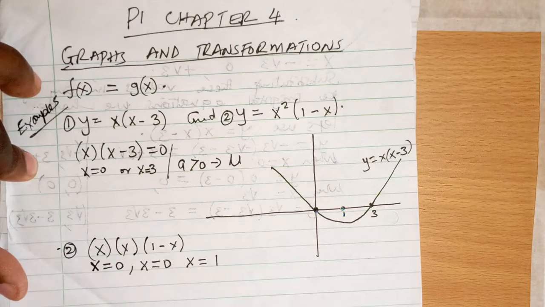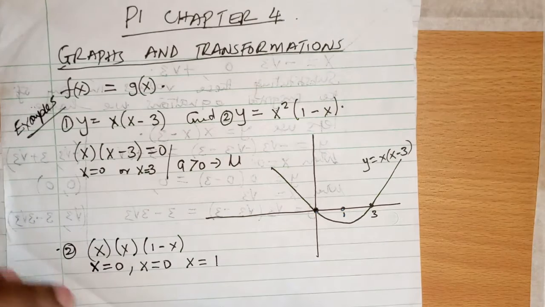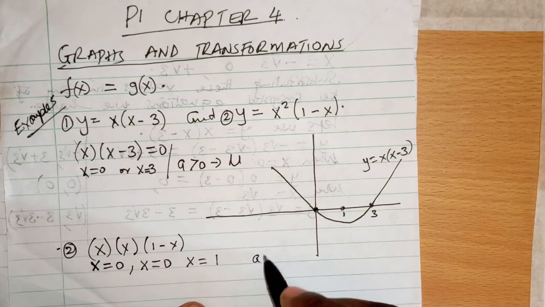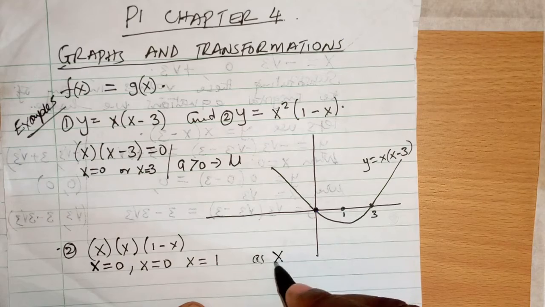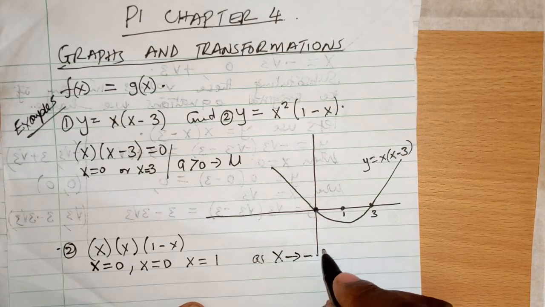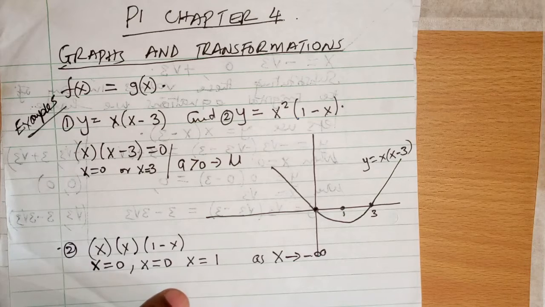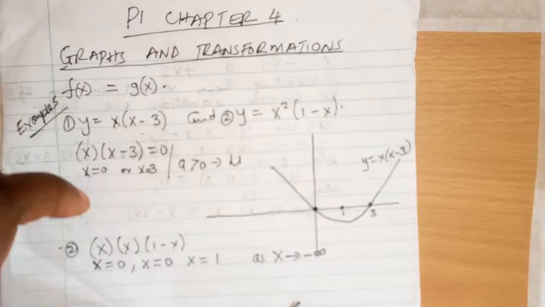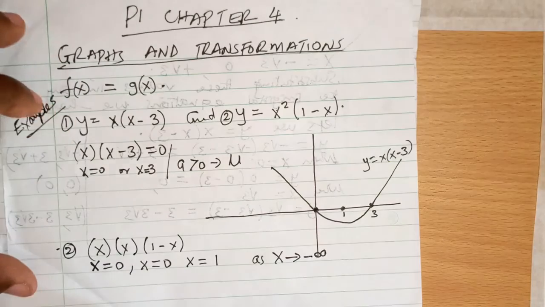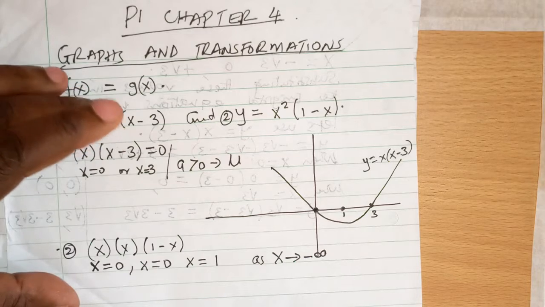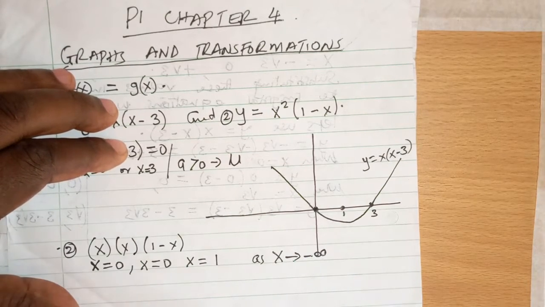But for the nature of this one, let's work it out over here: as x approaches negative infinity, how does y behave? This is the only way we can realize the shape of the cubic graph, as understood in previous videos.